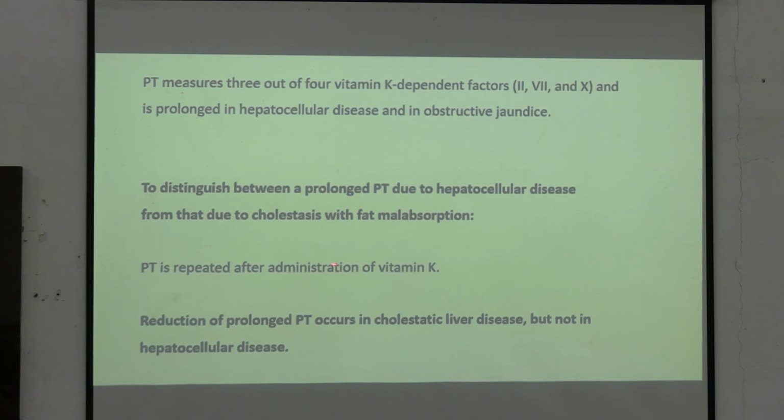P-time is repeated after administration of vitamin K. Reduction of prolonged P-time occurs in cholestatic liver disease, but not in hepatocellular disease.